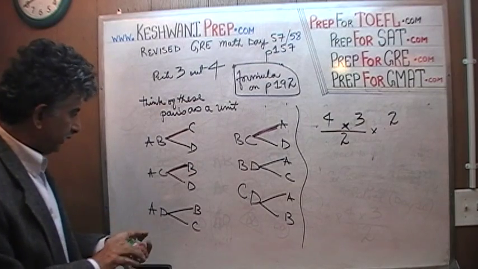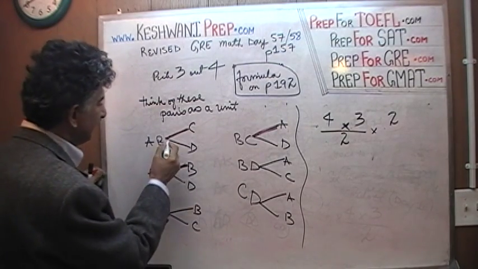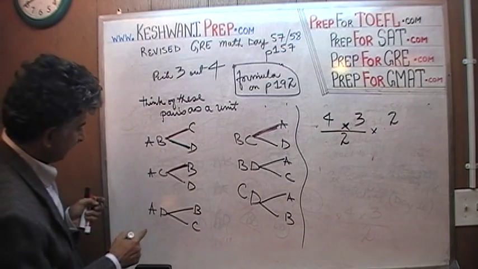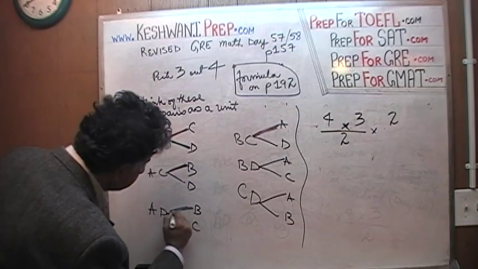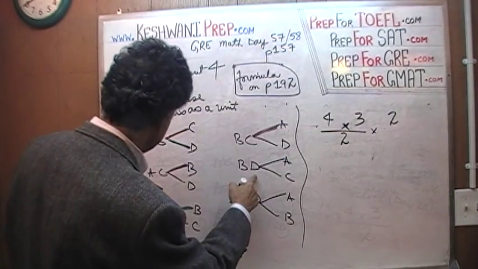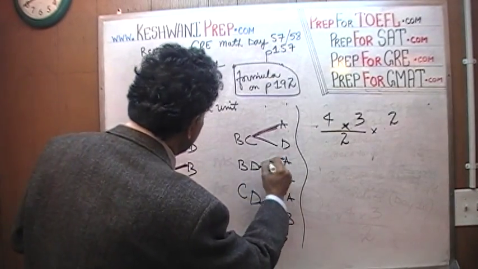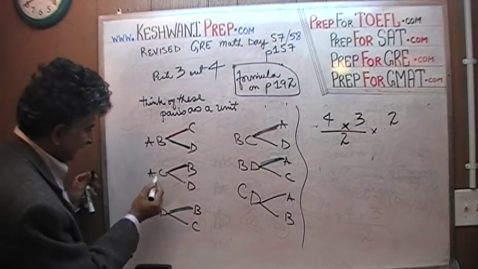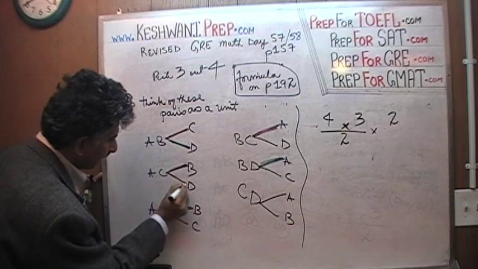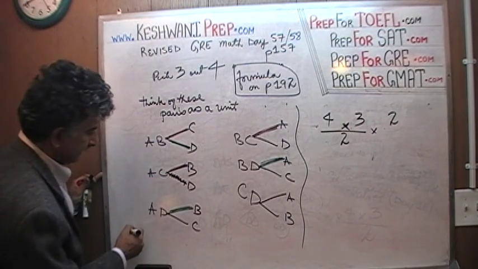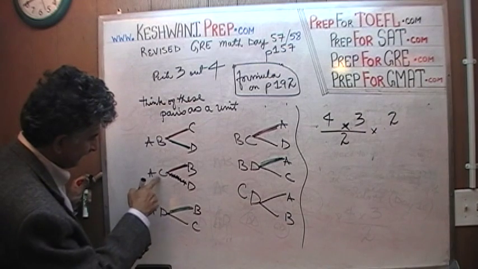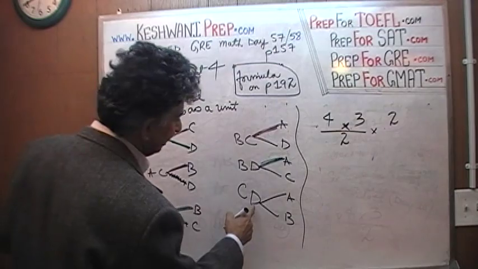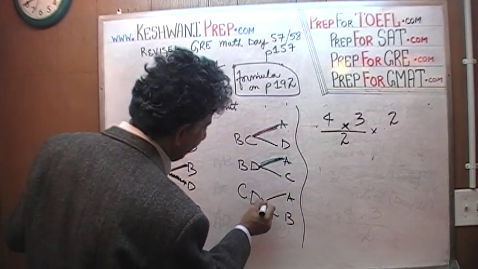There is another triple counting here. Let's see if I can show you in green. A, B, D is same as A, D, B, which is same as B, D, A. And finally, the black will remain black, which is our default color, which is A, C, D. A, C, D is the same 3 people.